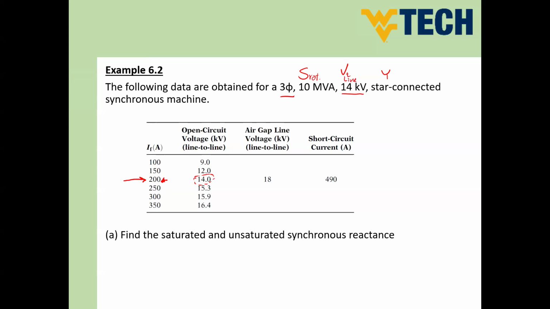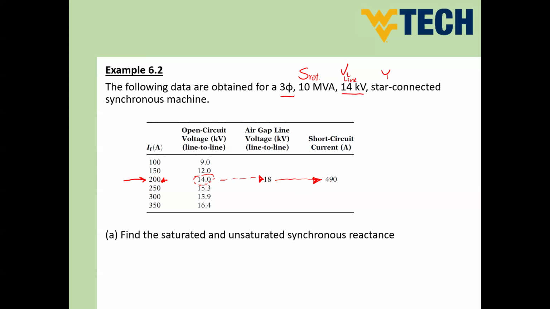So you don't need to draw the curve in order to identify this value. It's already given in the table. And you even have the air gap line volt and the short circuit current at the same value. So for the time being, for the parameters identification, I don't need to draw the curves, because all data are given at the point that I need.